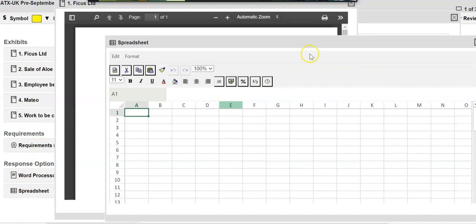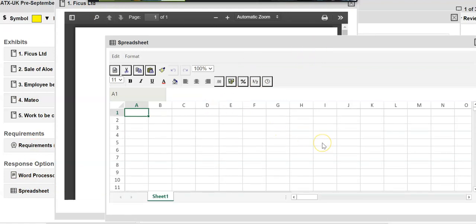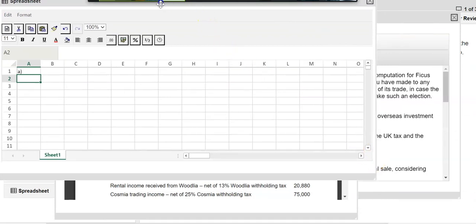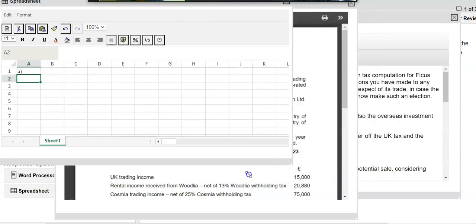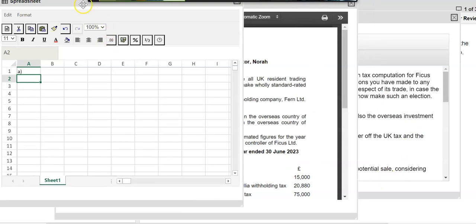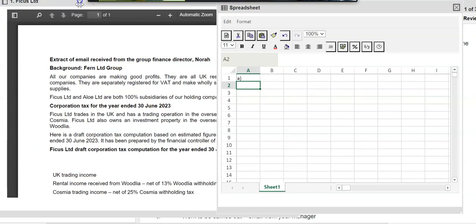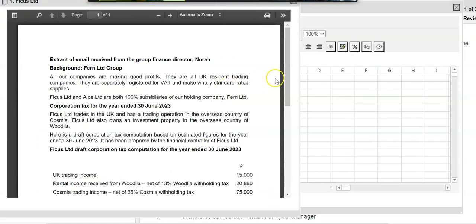Alright, so now we have to use the spreadsheet. So this is part A, right? So I might have to reduce the size of my spreadsheet. So this is how I will do it. Because I also want to use this note sideways, so I will also be reducing the size of this as well.